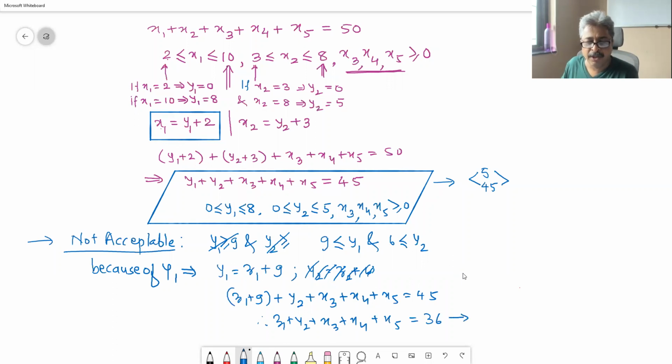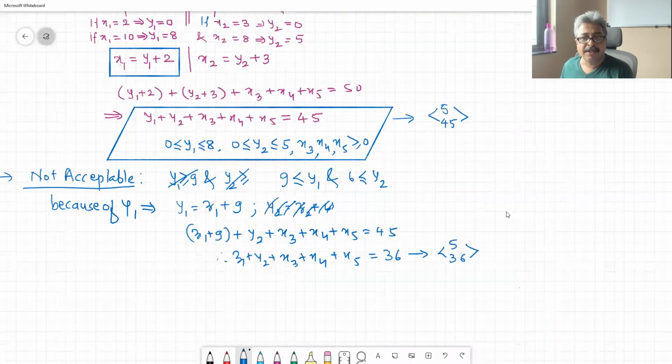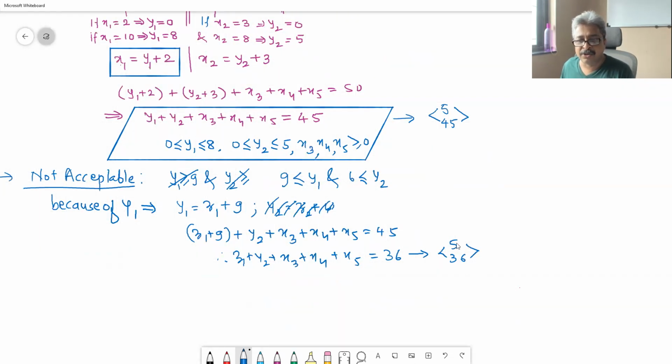The answer for this will be 5 elbow 36. So for y1, that means for x1, because of the upper bound, we have to subtract these many. Okay, that is included, this is excluded.